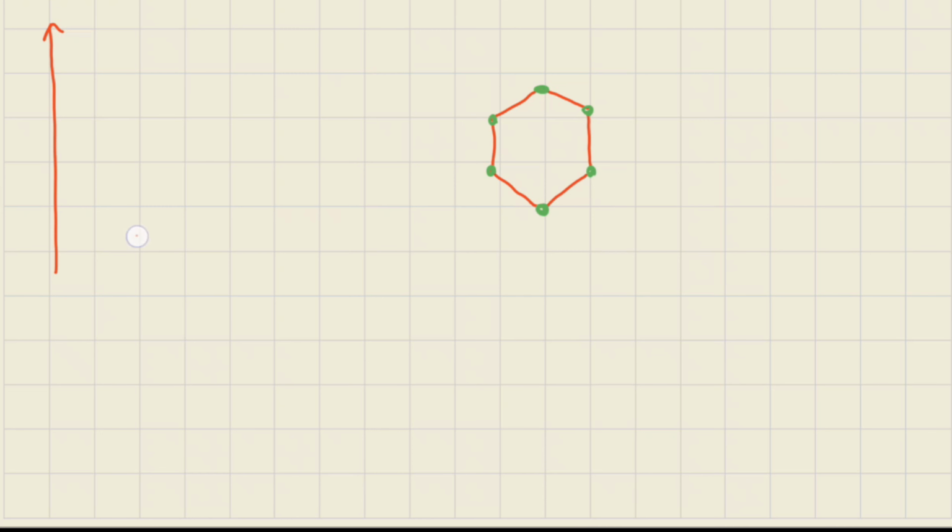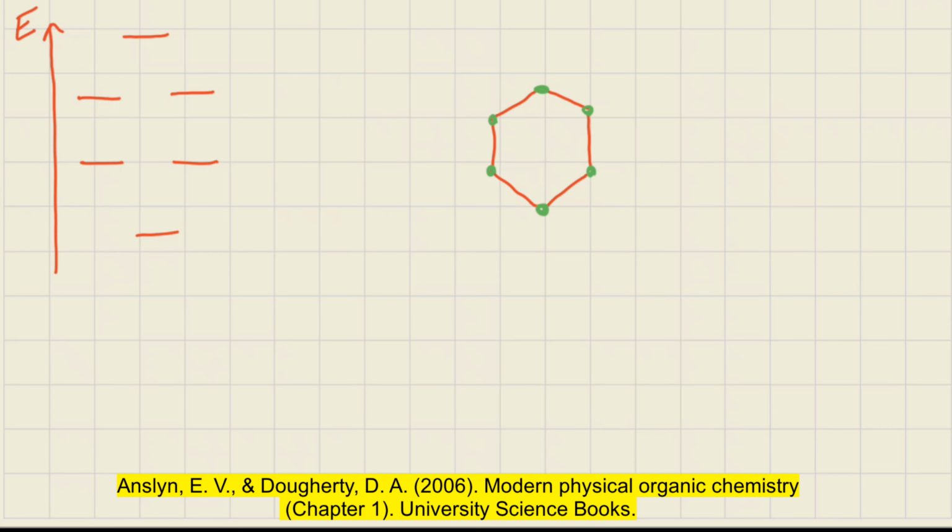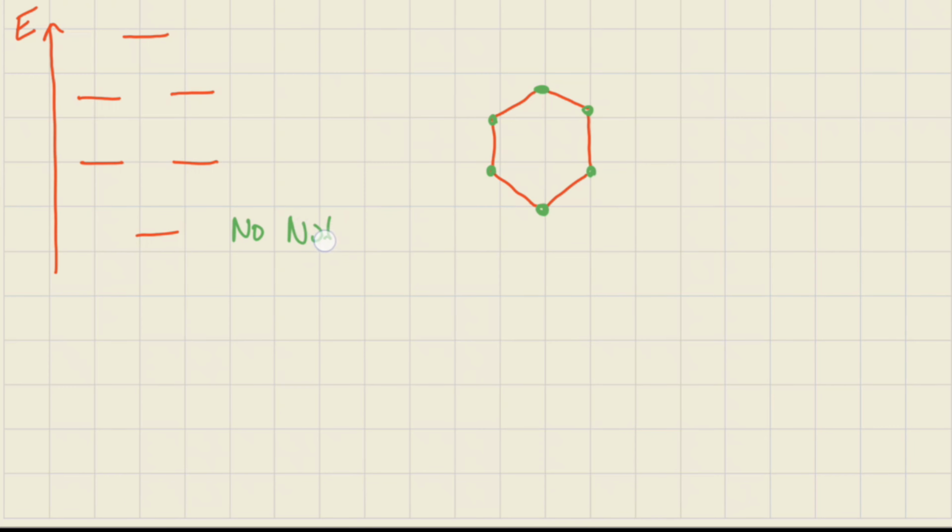So simply we can write the energy of the p orbitals, something like that. So we have no node here. We have one node, we have two nodes, and we have three nodes.